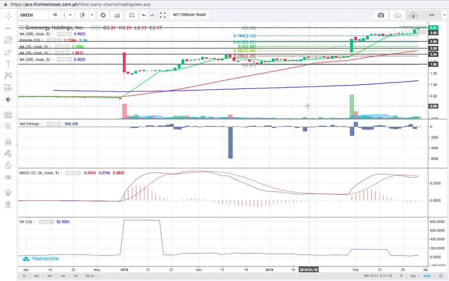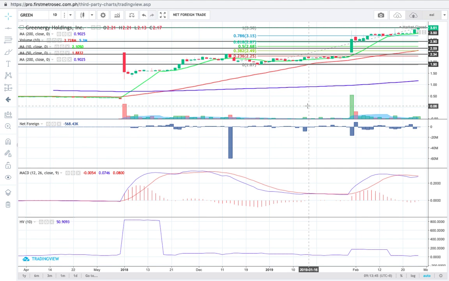So here's the thing. If your average cost or average price is higher than the current price of the stock, then calculate your trailing stop loss from your average price or average cost. Now, if your average cost is already below the current price of the stock, then your basis for your trailing stop loss would be the current price of the stock.